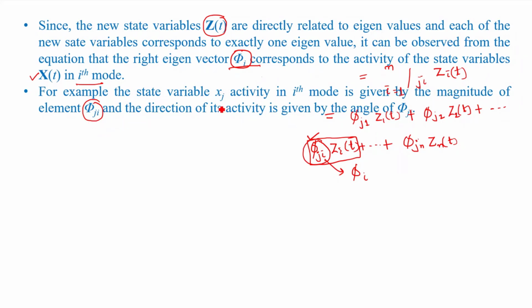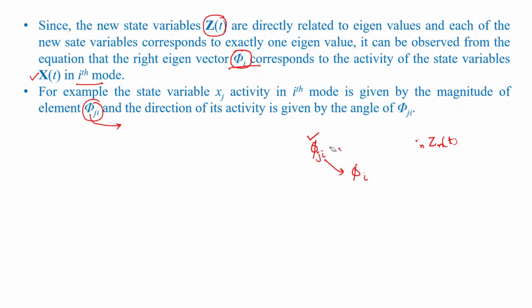So the magnitude will give the activity, and simultaneously the angle of this phi_ji will give us the direction of its activity. Okay, so that is what is mentioned here. Because it is a complex quantity, it has one magnitude and angle. So the magnitude will give us the magnitude of the activity of the jth state variable, whereas the angle will give us the direction of the activity of the jth state variable in the ith mode, right?